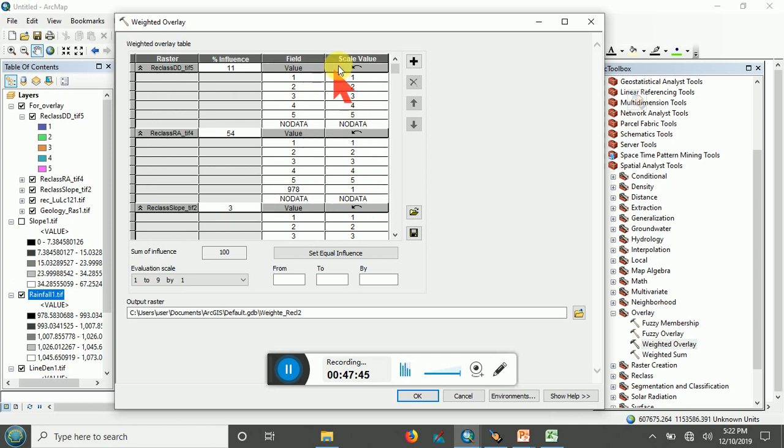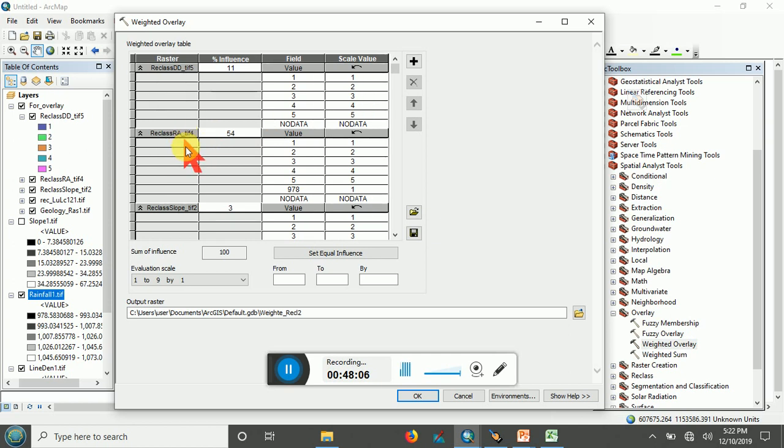So you have to give a scale value here. That means 1 means less important, 5 means most important. So when you compare the drainage density, the higher the drainage density, the higher the probability of groundwater occurrence. So it's okay, 5 5 and 1 1.